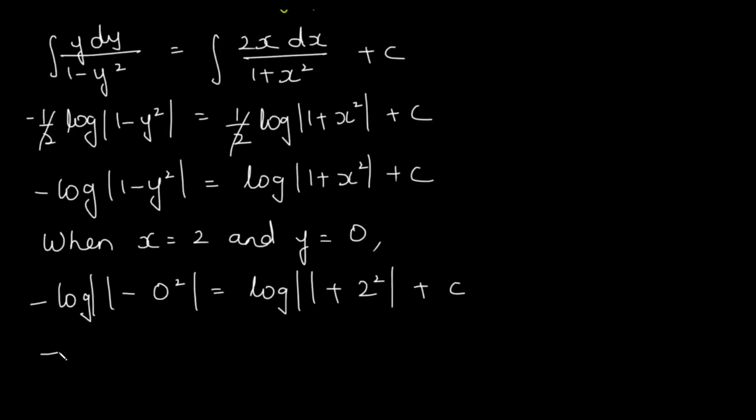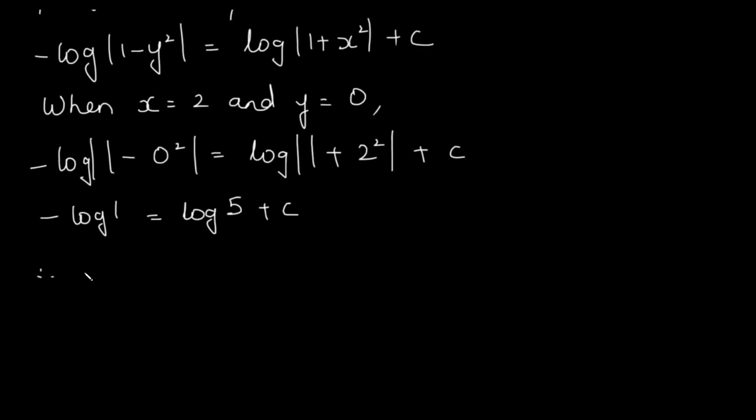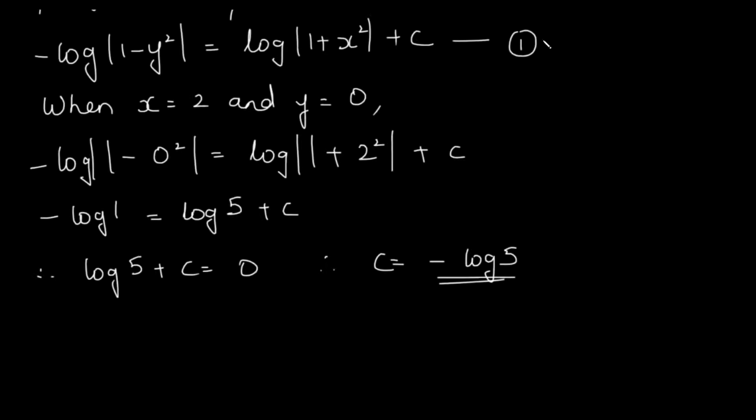That means minus log 1 minus 0 square is 1. So minus log 1 is equal to log of 5 plus c. Now log 1 is 0, you know that very well. And therefore we get log 5 plus c is equal to 0, and therefore c is equal to minus log 5.